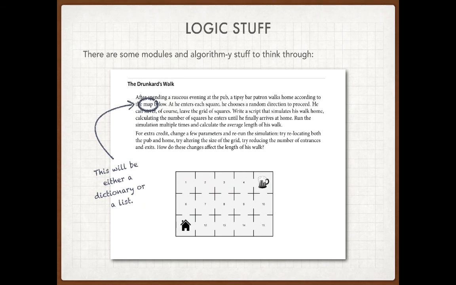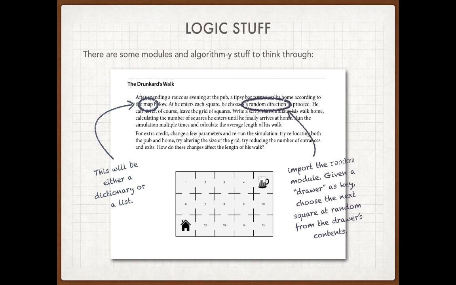All right, so let's think a little bit about the logic, or the algorithms, about how we're going to run our game. Obviously, we've got the map, and that's kind of the playing board here. And we already know now that I can do that as either a dictionary or a list. The choice between those two is pretty much up to me, and that's totally fine. As he enters every square, he moves to a new one randomly.